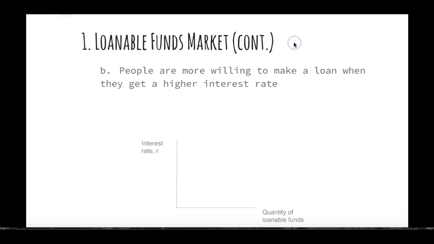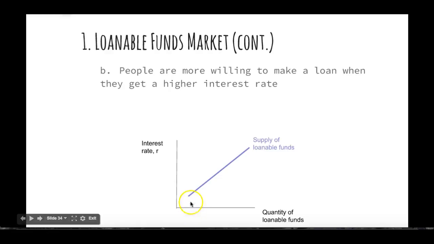So with the interest rate and the quantity of loanable funds, if I'm the bank, I am much more willing to offer funds to loan out if there's going to be a higher interest rate. Higher interest rate, I'm going to definitely offer more for the loan.